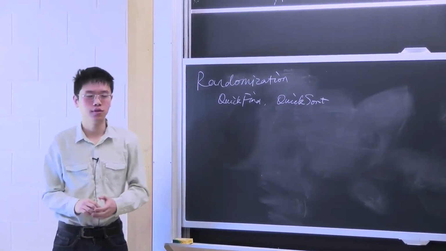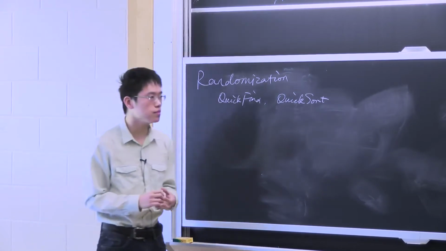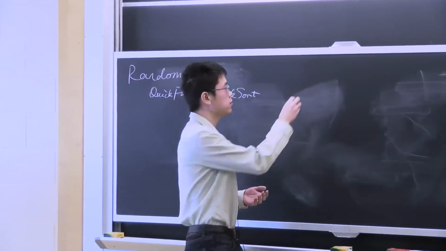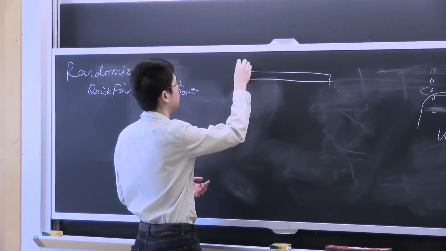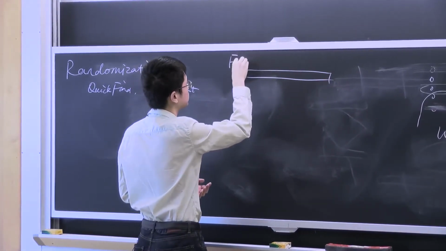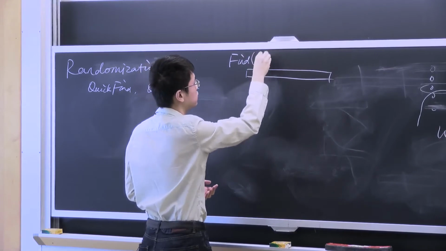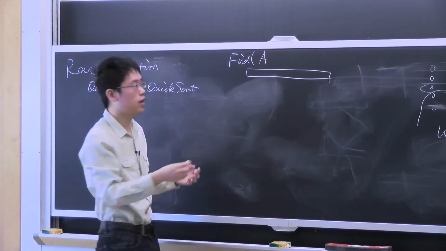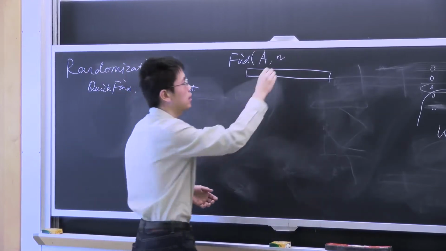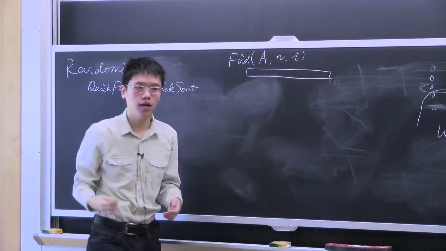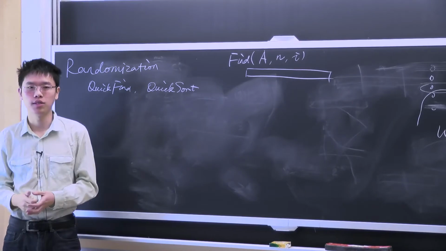Let's get back to the randomized version. So how does the randomized version work? It's much simpler. We have an array. Let me call it find in an array A, which is of size n. And we want to find the ith largest or smallest element in it.